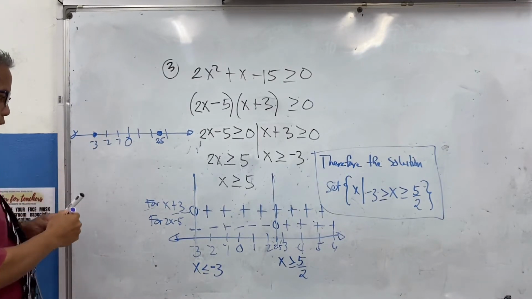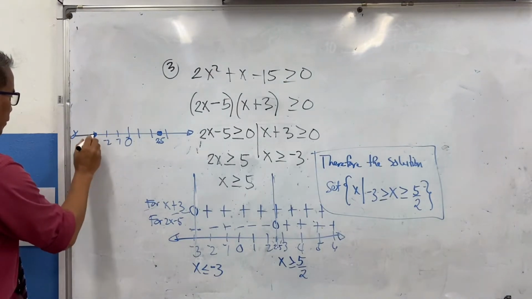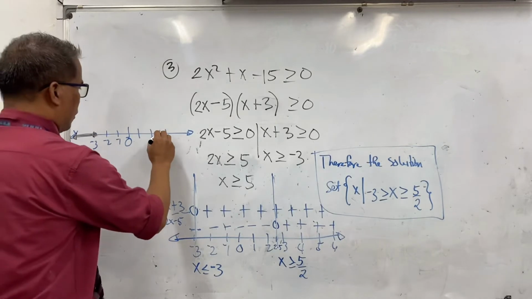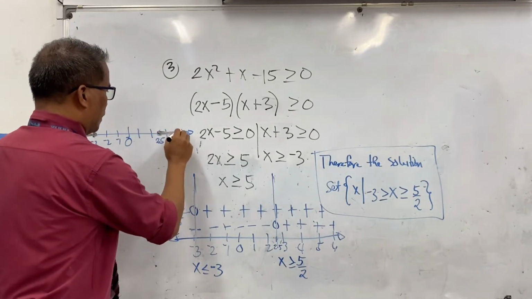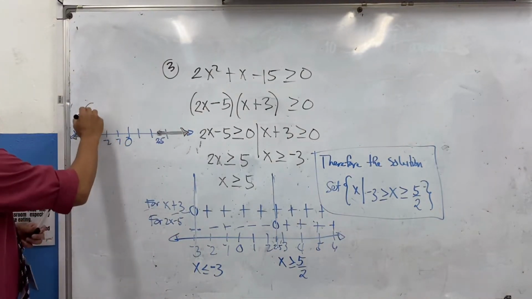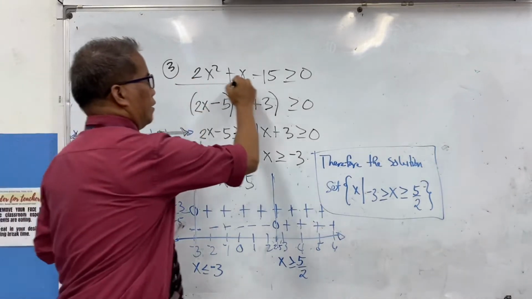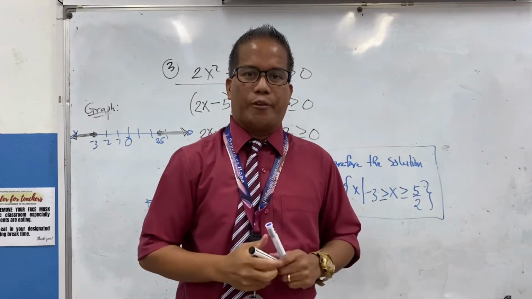Then for less than negative 3, the graph will go to the left, and for 5/2 the direction is going to the right, closed circle. So this is the graph of this inequality. So that's the answer for number 3.